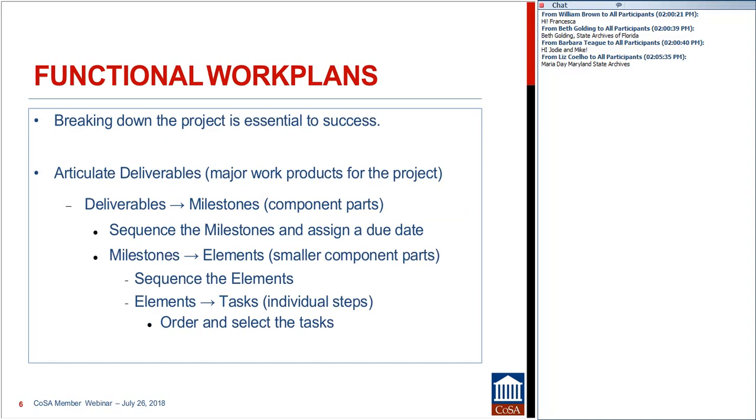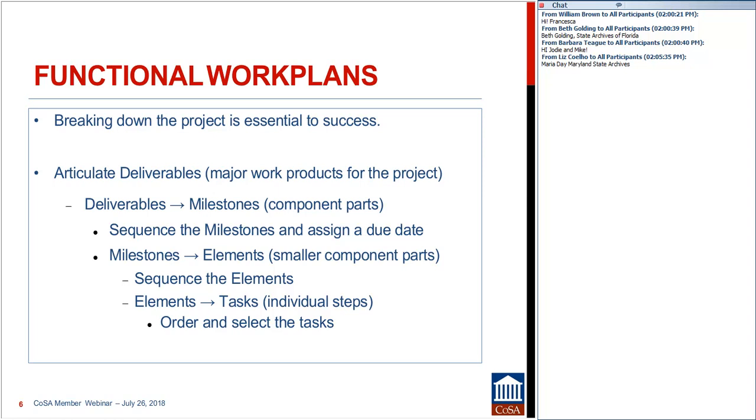And so what I would say is that functional work plans are work plans that help a project manager break down the work into logical chunks and then into more useful details. And so I like to think about the ways in which this division of work comes to be described as stemming from the deliverables for the project.